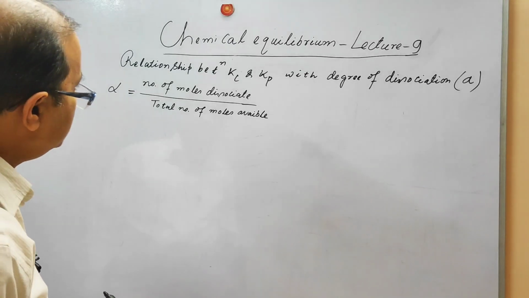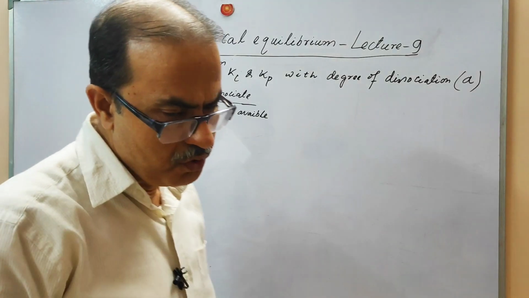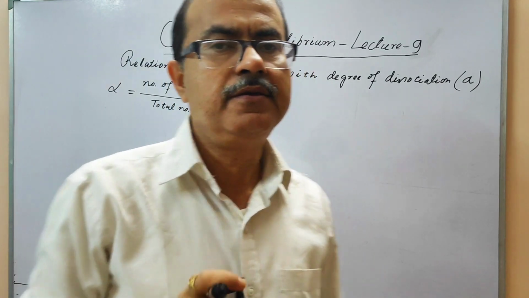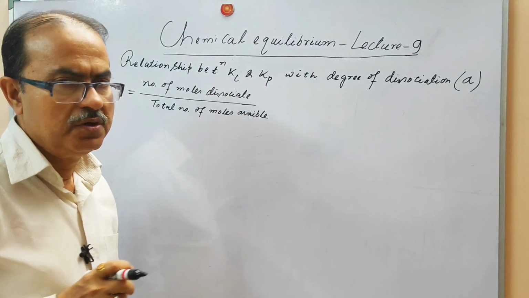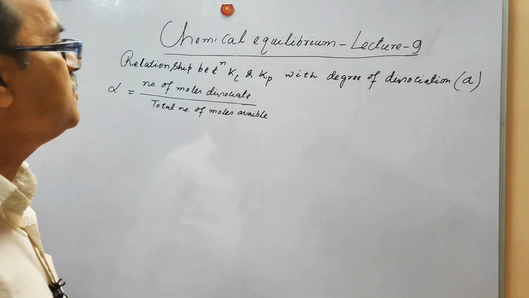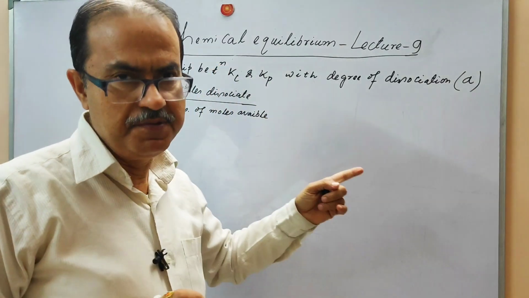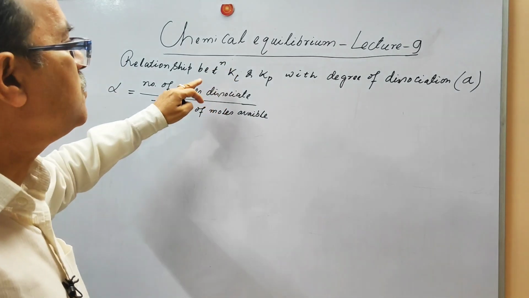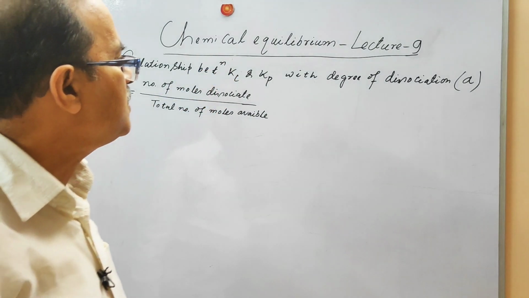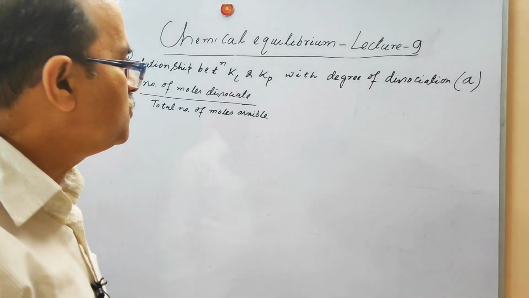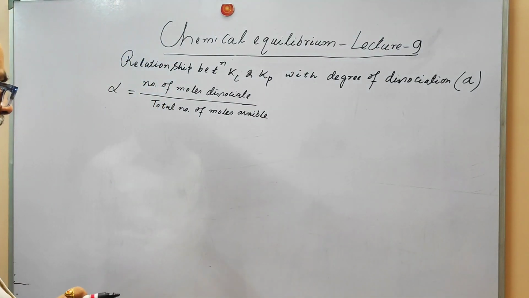and with this we are going to make equations that will give a relationship between these Kc and Kp. That is, Kc means equilibrium constant in terms of molar concentration, and Kp means the equilibrium constant in terms of pressure.